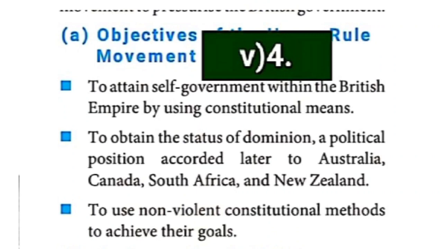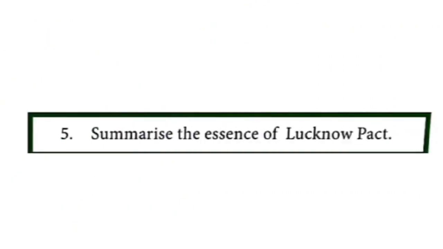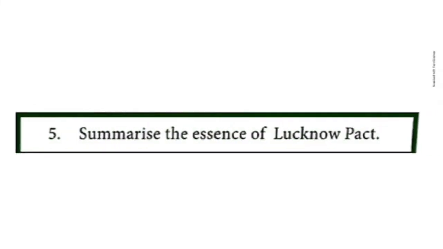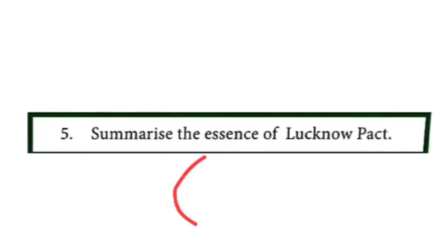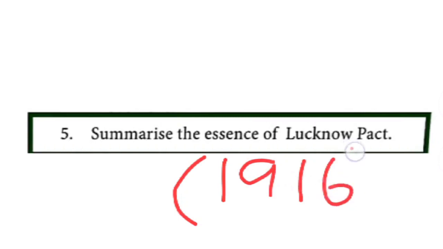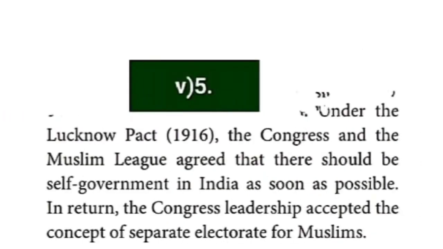The next question, number 5: summarize the essence of the Lucknow Pact. You know very well, children, when you learned the timeline, you learned that the Lucknow Pact was signed in 1916. So what is the answer?